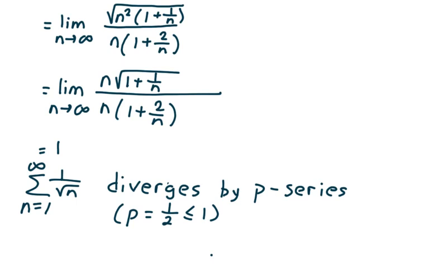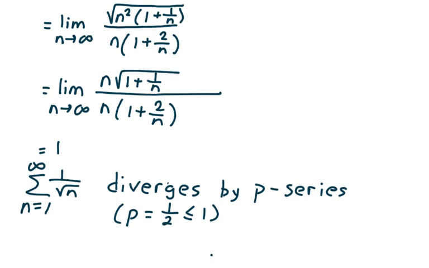Now, if you look at this next line, I factor out an n from the denominator and get 1 plus 2 over n in parentheses. Now, inside the radical, I factor out an n squared. And when I do, I get 1 plus 1 over n inside the parentheses, and that's inside the radical, by the way.